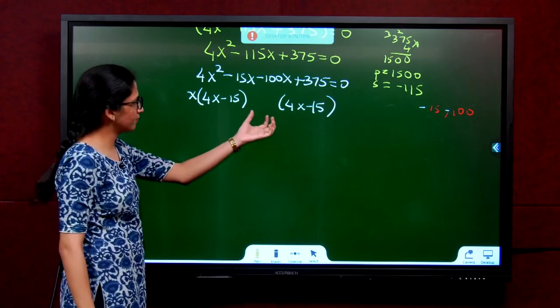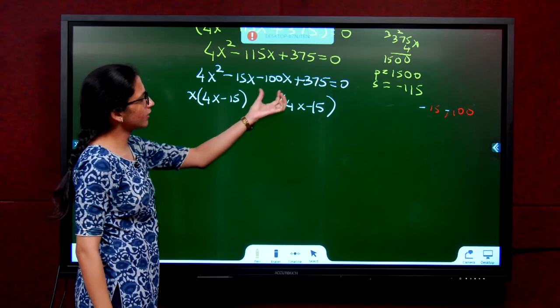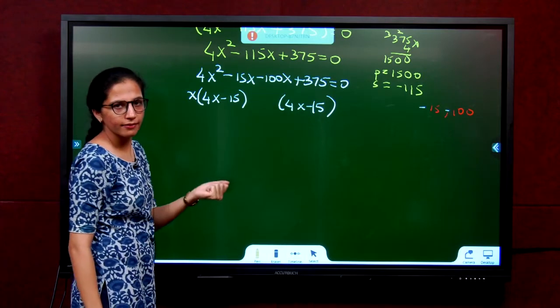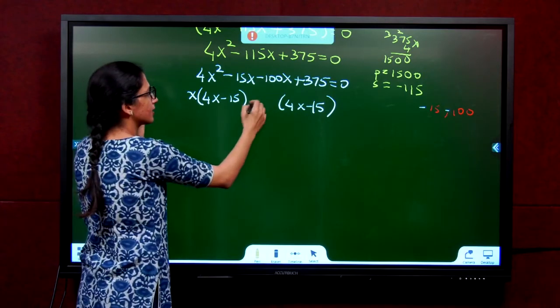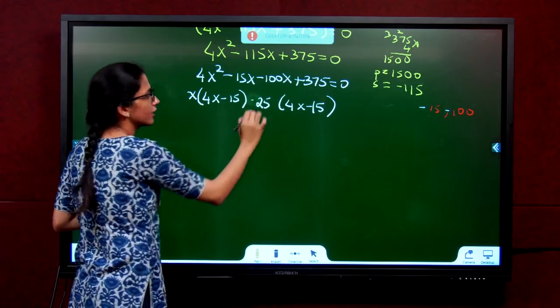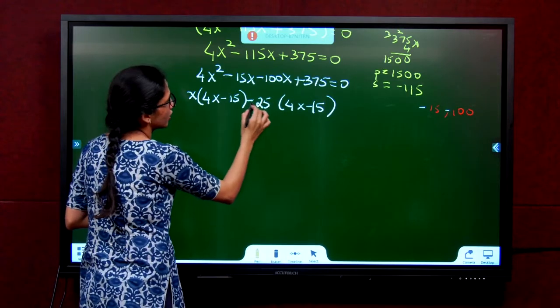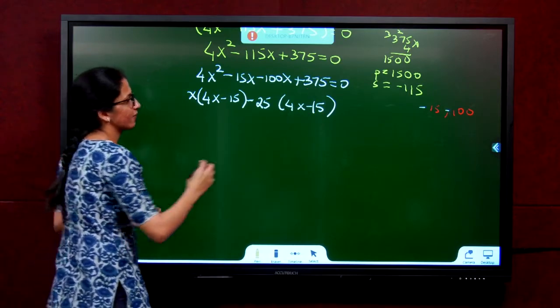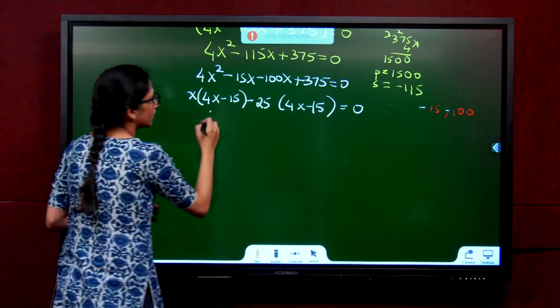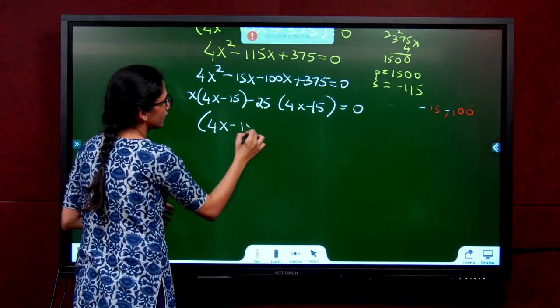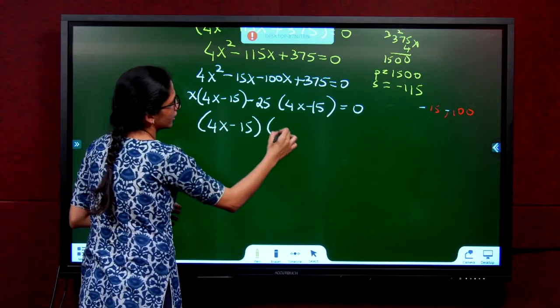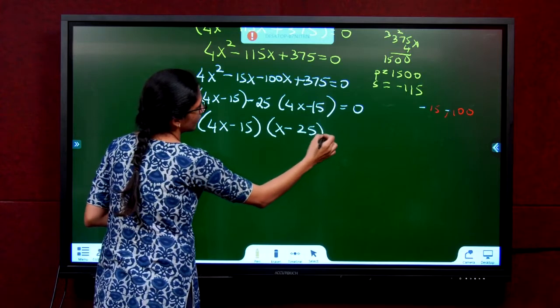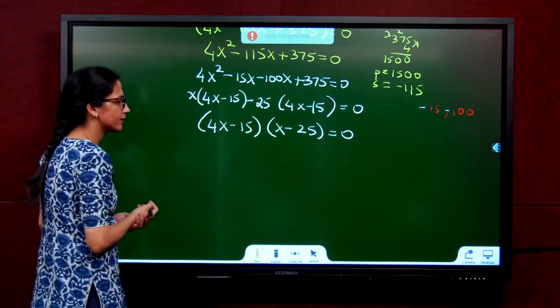What should be my filler number? Something into 4 is minus 100. So obviously what number will come there? 25. Positive or negative? Negative. You can verify: minus 25 into minus 15 is plus 375. Now take 4x minus 15 outside and here you are left with x minus 25 is equal to 0.